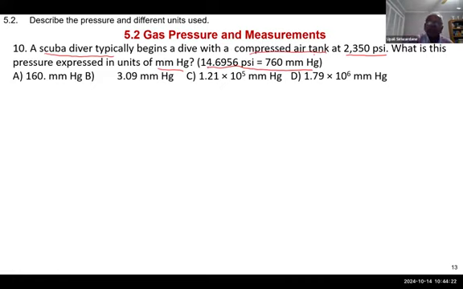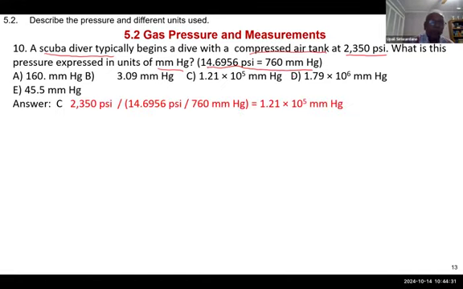To convert PSI, you use this. So you set up the equation. You start with this PSI and arrange the conversion factor so that PSI cancels out and leaves the answer in millimeter mercury. The answer is C.